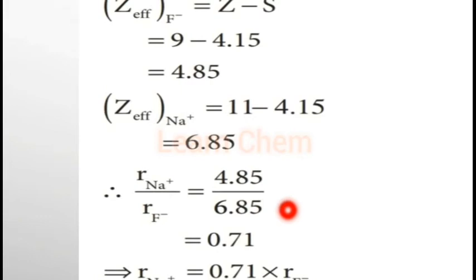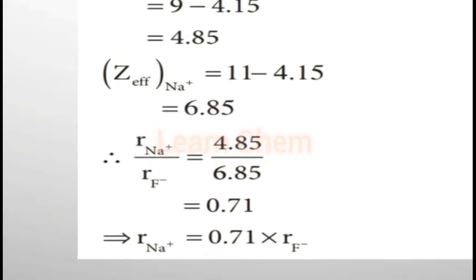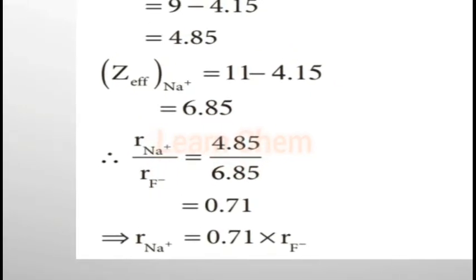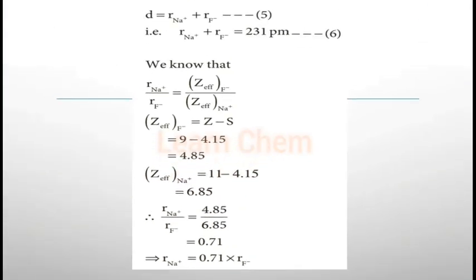The ratio is 0.71. If you cross multiply, the radius of sodium is equal to 0.71 times the radius of fluorine.